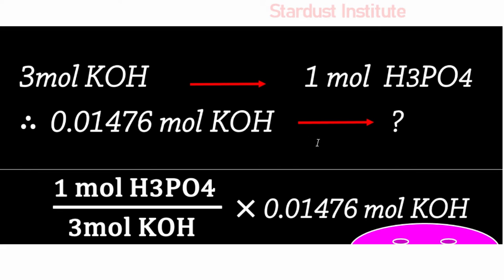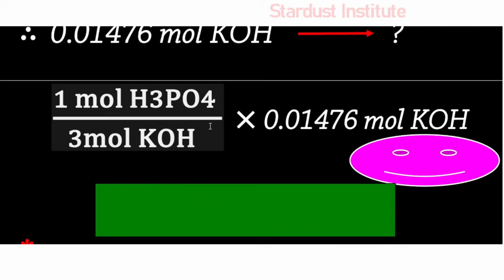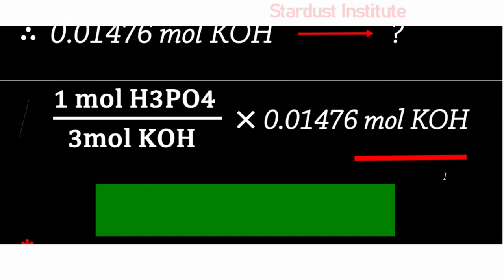We can find the answer in this way. 1 mole H3PO4 divided by 3 moles KOH multiplied by 0.01476 moles of KOH. We should cancel out units.